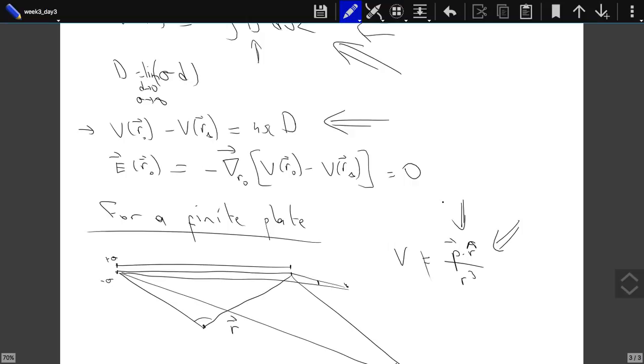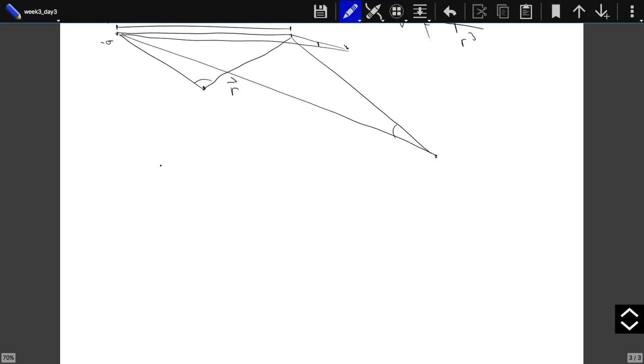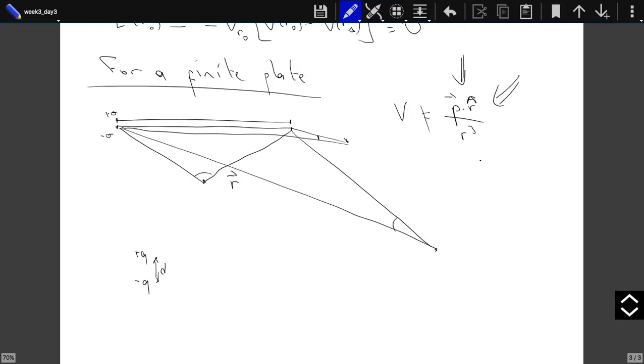Well, an ideal dipole is basically this system. Now, this is a dipole, plus Q minus Q. And we know that if you are sufficiently far away from this system, sufficiently far away meaning that R is much larger than D, then you can approximate it by this potential over here.